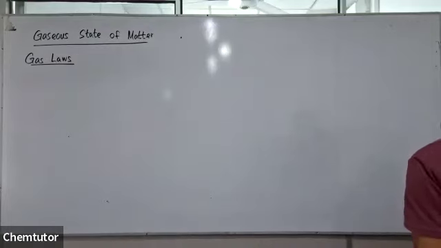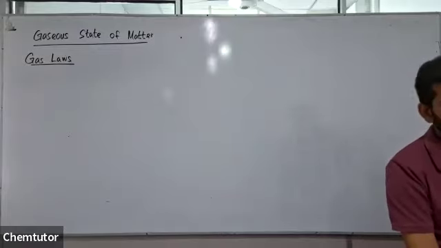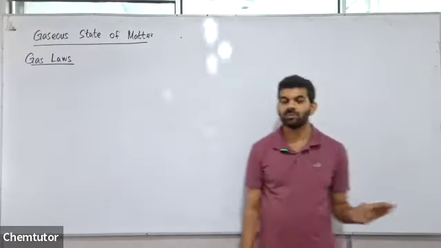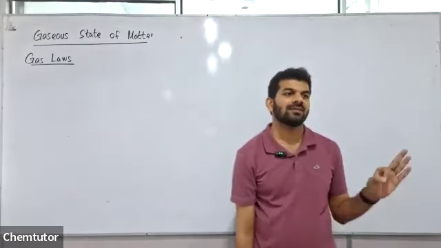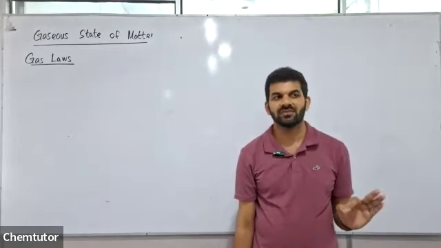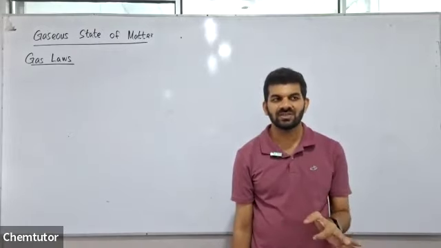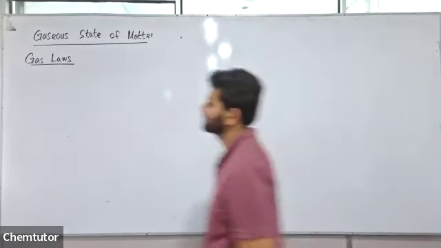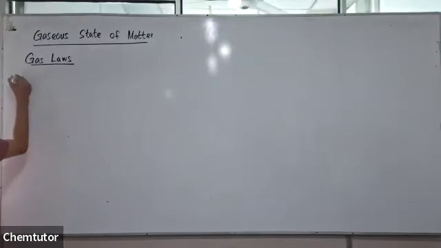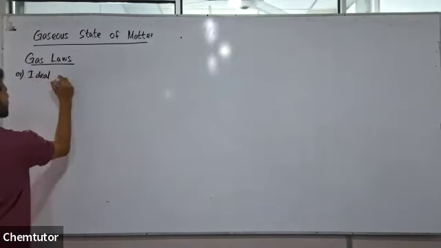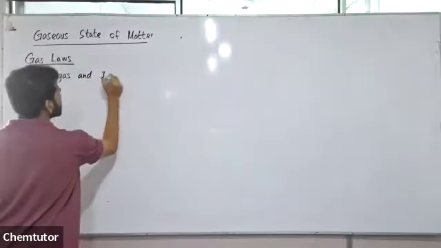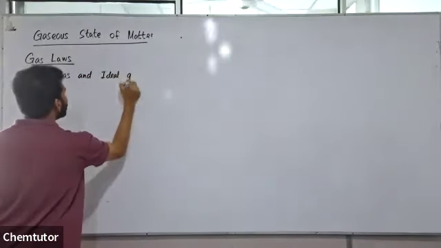Under the gas laws, first of all we are going to learn about the ideal gas and the ideal gas equation. I told you that there are two main equations in this set: the ideal gas equation and the equation of kinetic molecular theory. So this is the first equation, the ideal gas equation. So you better write number one: ideal gas and ideal gas equation.